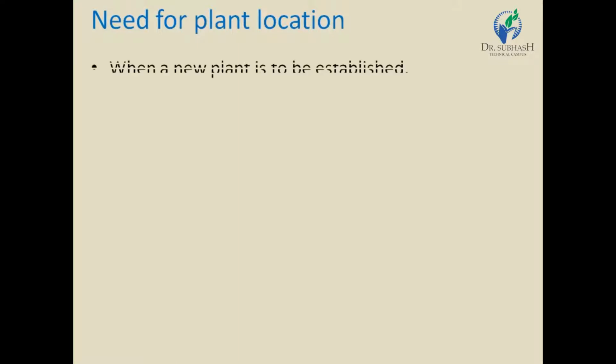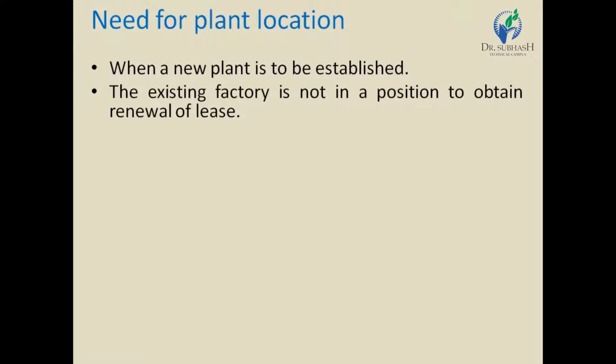Second topic, need for plant location. Why? What is the need for plant location? So the first point is when a new plant is to be established. In order to establish a plant, one must select a place or site for the establishment of their plant. The second point is the existing factory is not in a position to obtain the renewal of lease.